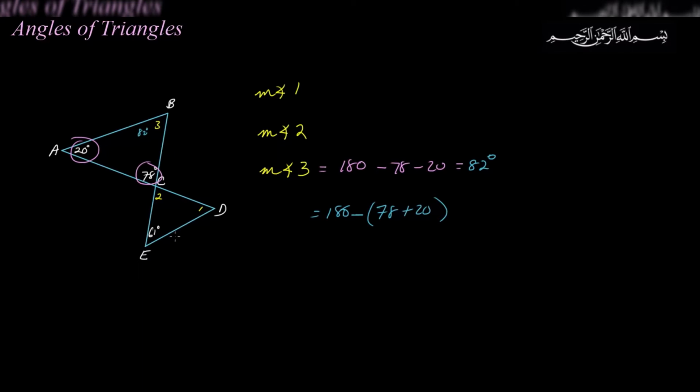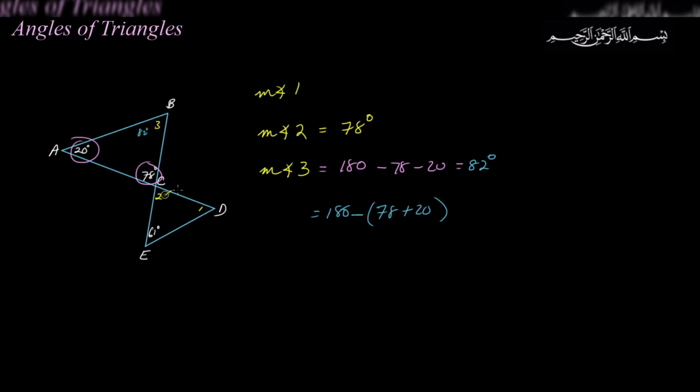Okay, cool. How about the rest of them? You say angle 1 and 2. Well, that might be tricky, unless you recognize that 78 and angle 2 are vertical angles, and we've learned previously that vertical angles are congruent. So the measure of angle 2 is easy peasy. It's simply 78 degrees.